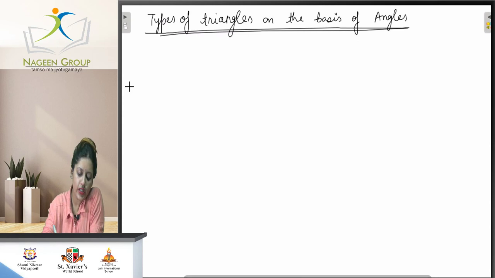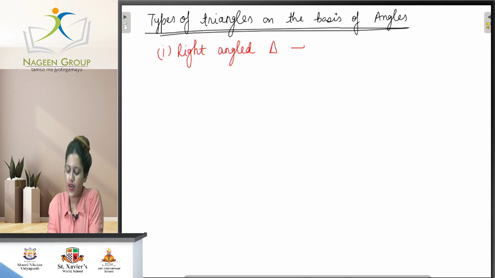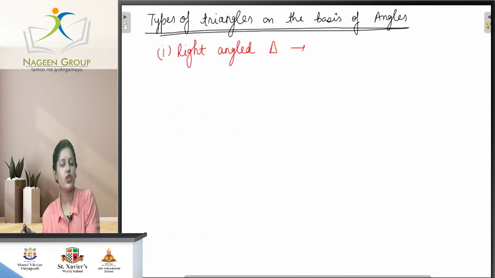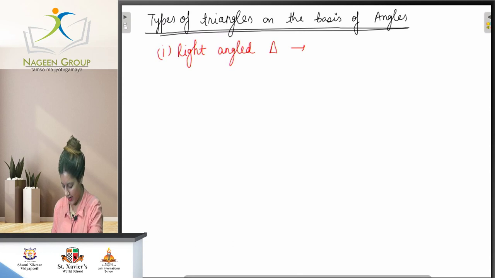Angles. There are three types of triangle. First one is right angled triangle. Here the word angled is used because it's a classification on the basis of angle only. That's why it is known as a right angled triangle.